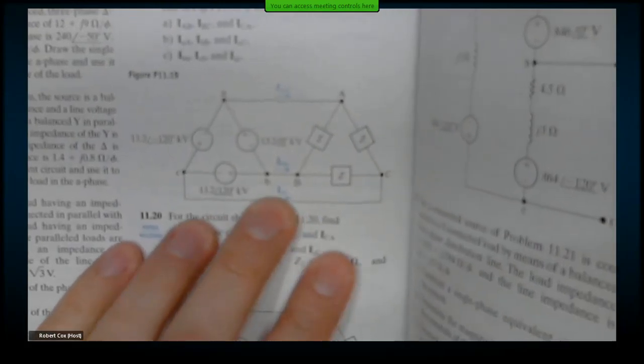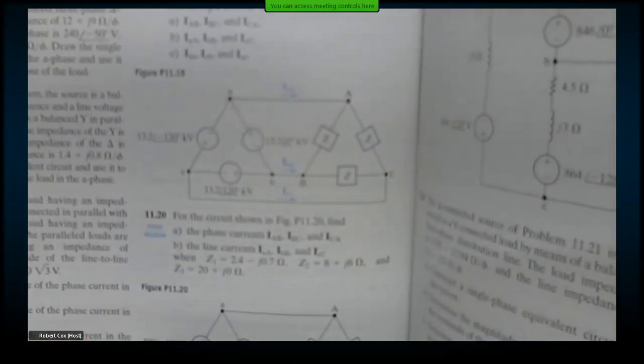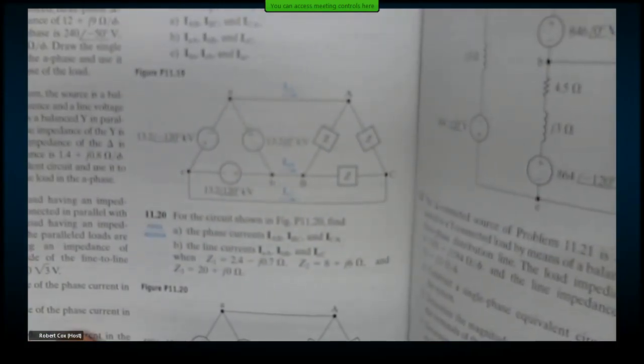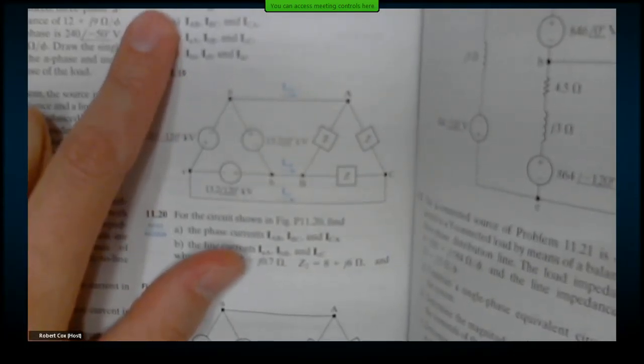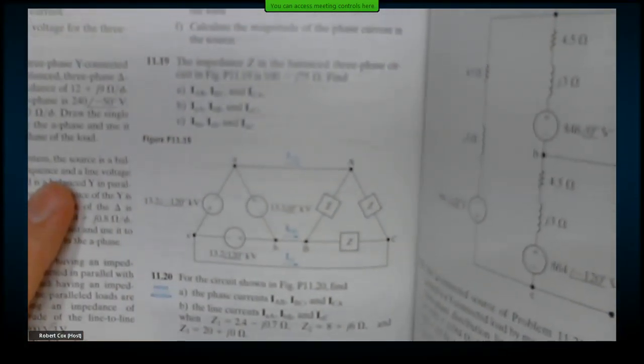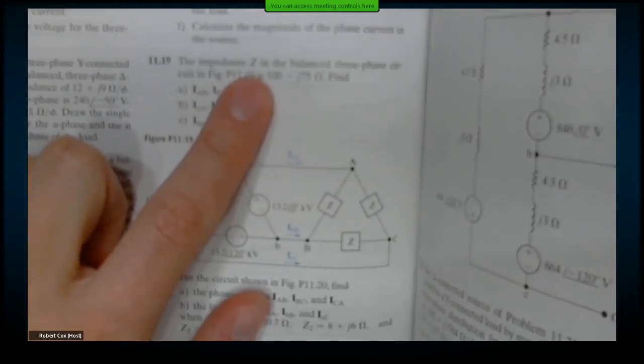Let's look at a specific problem, problem 11.19 at the end of the book. We're told the impedance in each line.